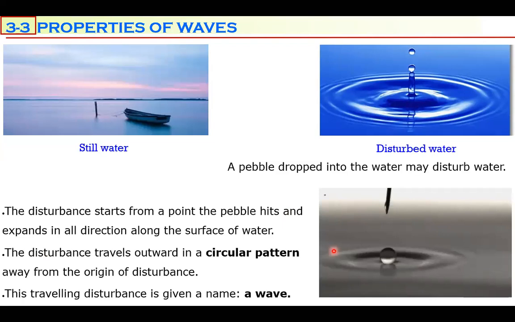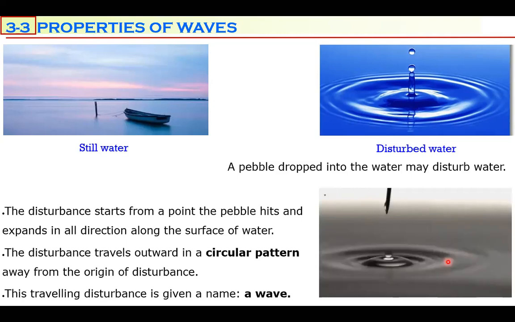This traveling disturbance travels outward in all directions on the surface, making a circular pattern away from the original disturbance. So when you drop a rock onto the surface of the water, you disturb the water and the disturbance starts to expand in a circular pattern from the origin of the disturbance.